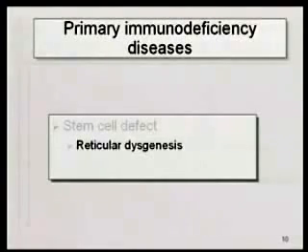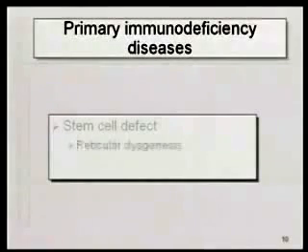So these patients have normal red cells and platelets, but they do not have any of the lymphoid cells. There are very, very few cases, so you just have to know that it exists. You're very unlikely to come across a patient with reticular dysgenesis, but you never know.